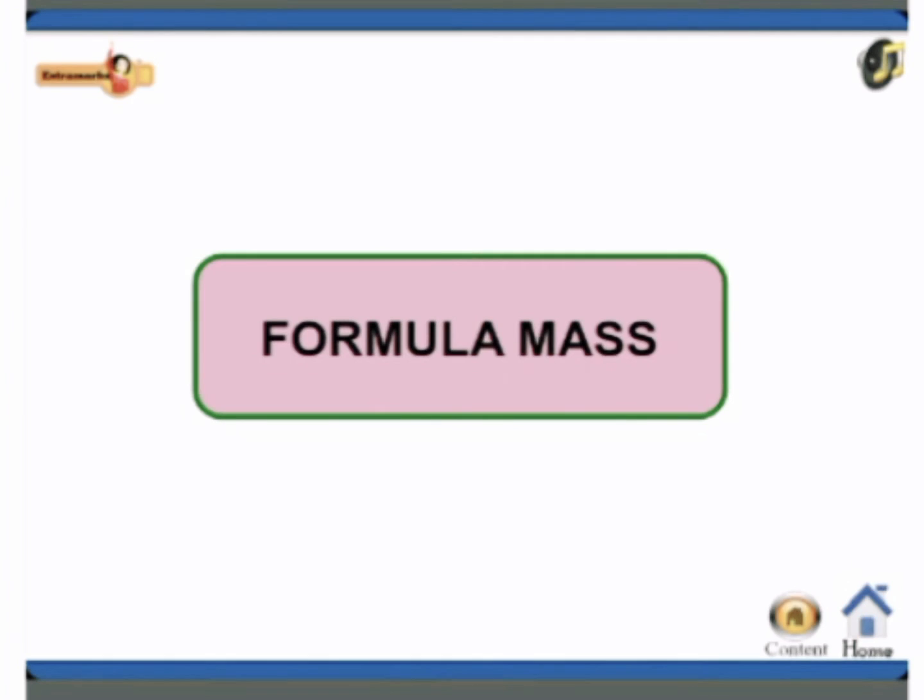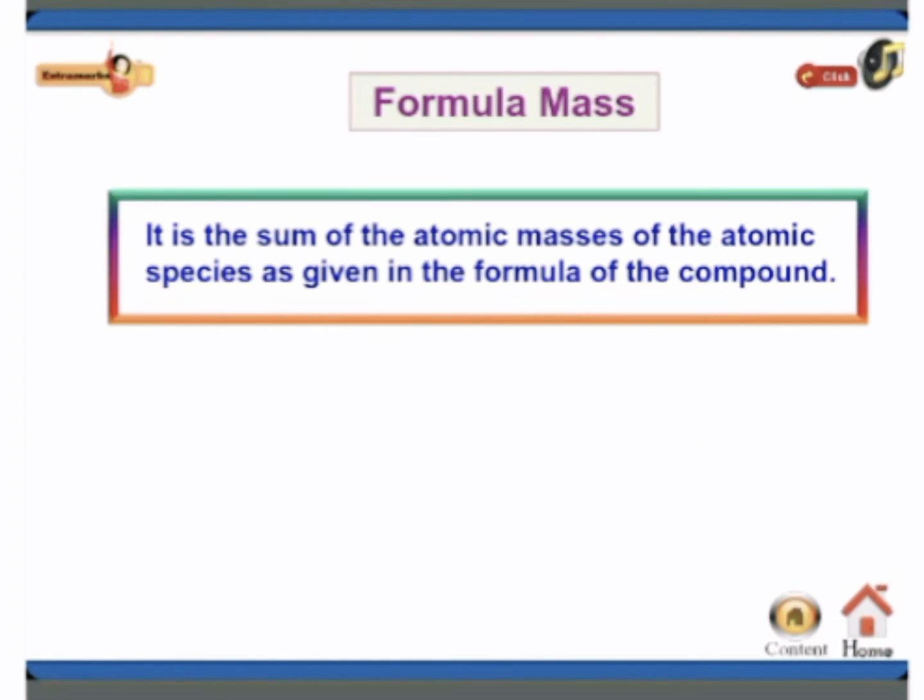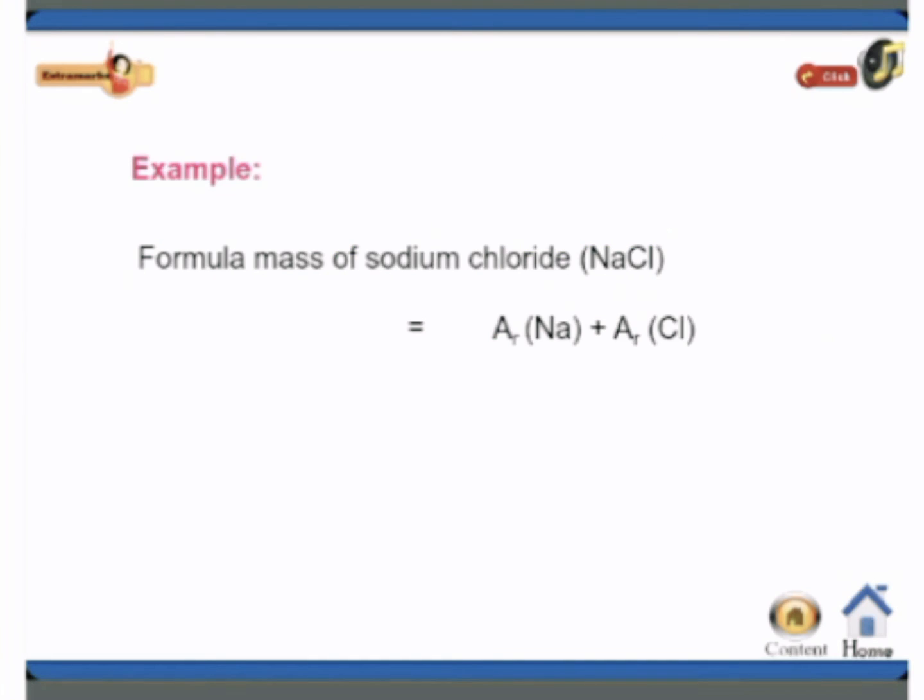Formula mass. Formula mass is the sum of the atomic masses of the atomic species as given in the formula of the compound. For example, the formula mass of sodium chloride is expressed as the sum of the atomic mass of sodium and the atomic mass of chlorine.